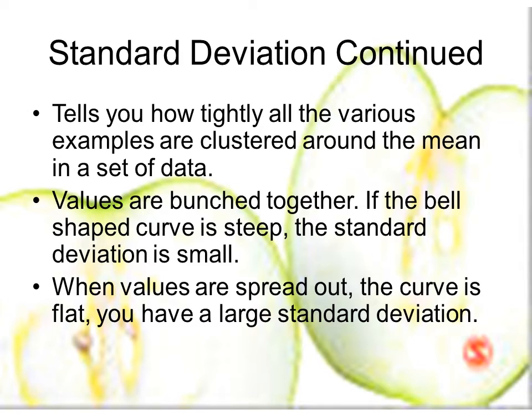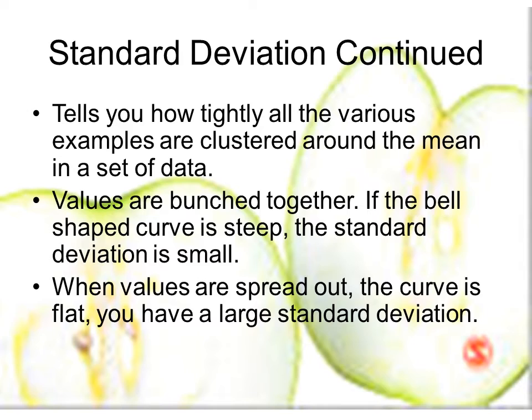So on this PowerPoint, it states values are bunched together. If it's a bell-shaped curve and it's steep, the standard deviation is small. And I'll show you that once again on a PowerPoint coming up.